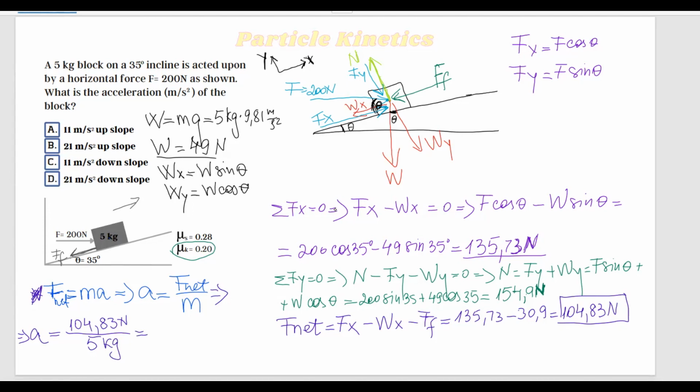And this is going to give you an acceleration equal to 20.97 meters per second squared. And this is our correct answer. So we have found that the object is moving up, based on the fact that we have got a positive force here, and the acceleration is 20.97, which is approximately 21. So we're going to choose the option for upslope and 21 meters per second squared, option B.